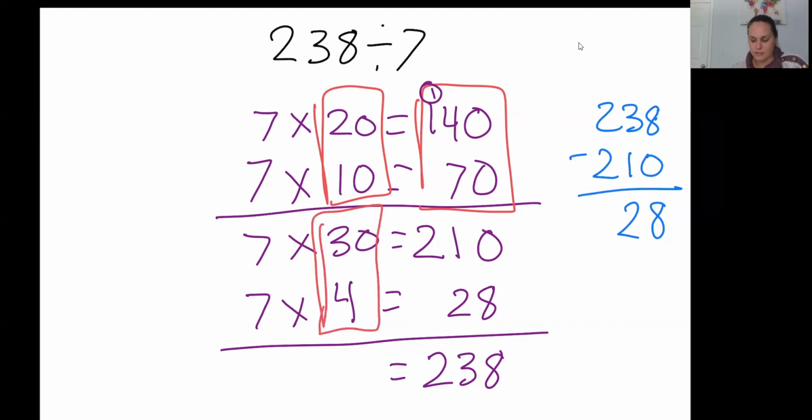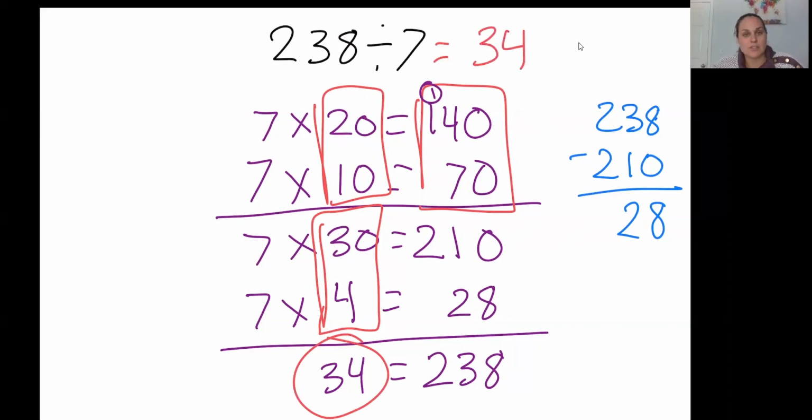I had 30 sevens in that first chunk, got me 210. Now 4 more sevens gave me my last bit of 28. So I get my final answer of 34, okay? So I got my 34 sevens is my quotient or my answer to this equation.